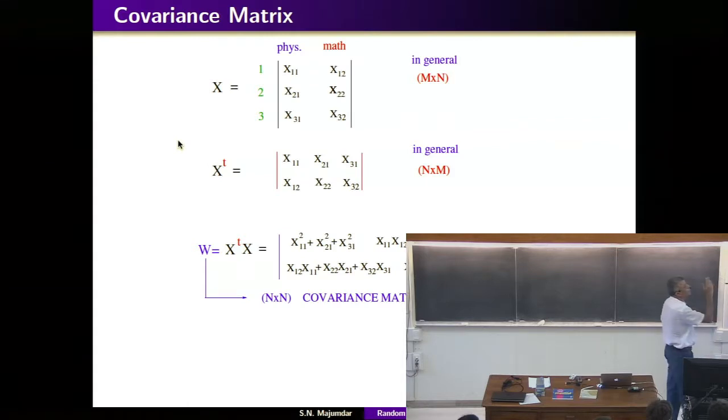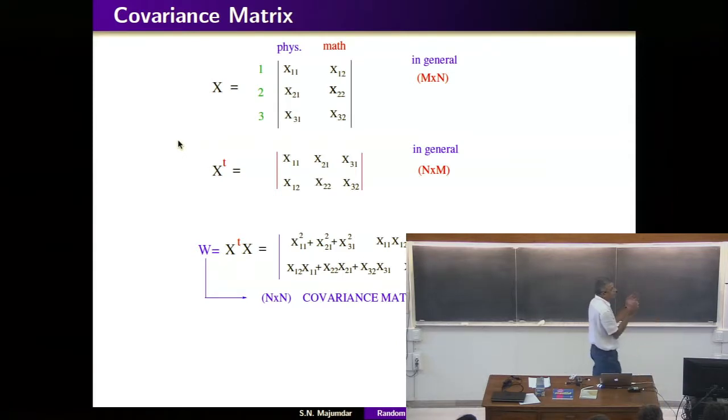Imagine that the mean has been subtracted, and you just divide by 3. Then this is just the variance of the physics course, and this one here is the variance of the maths course. And the off-diagonal element is just the correlation between physics and maths. So this, x11 x12 plus x21 x22 and so on, is the sample correlation function between the physics and maths courses.